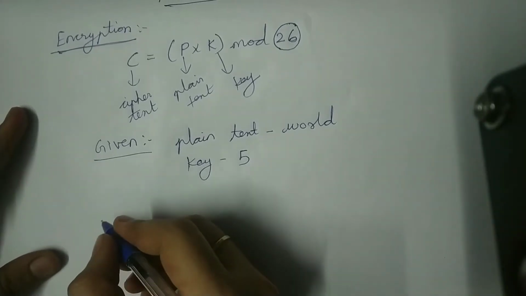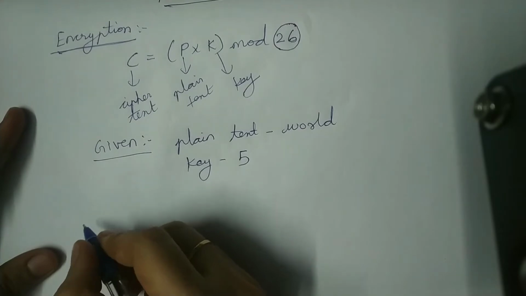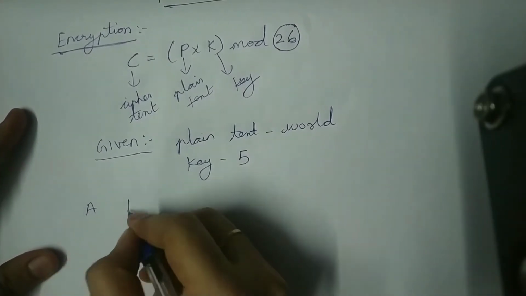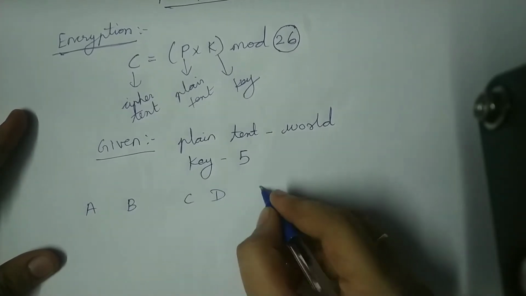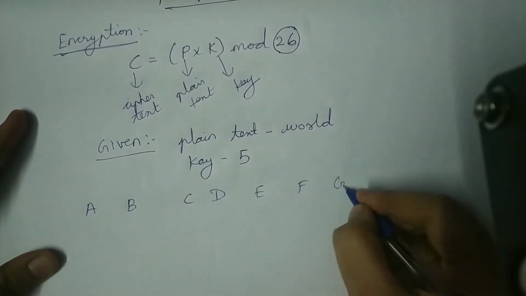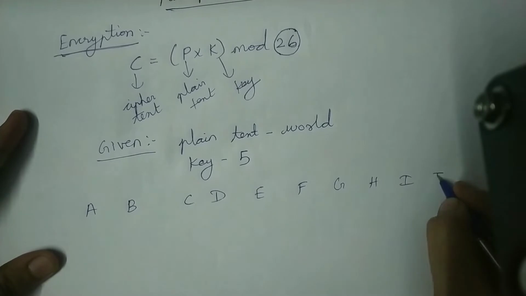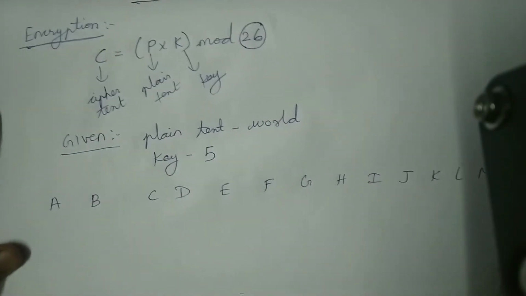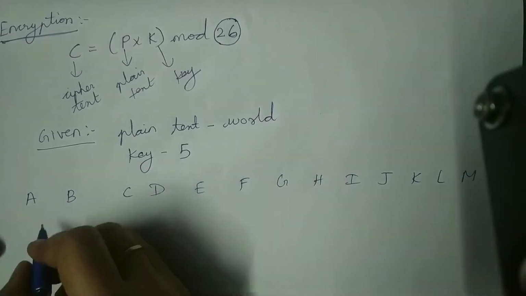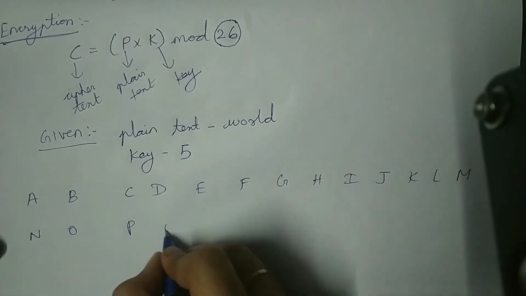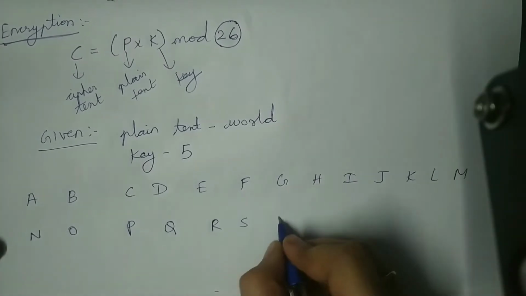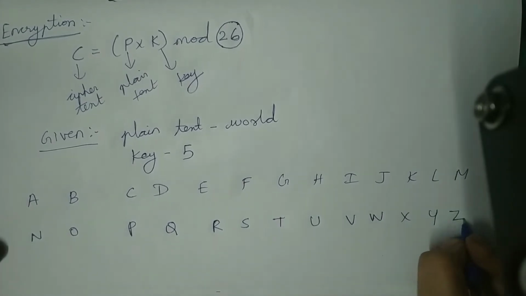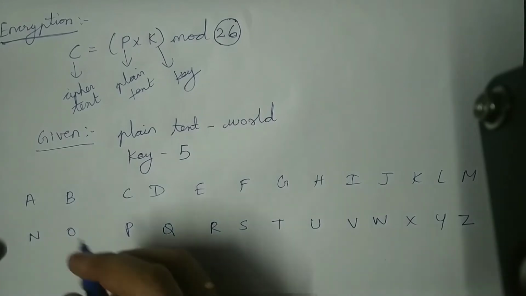So now let us write all the alphabets from A till Z and number them starting from 0. So A, B, C, D, E, F, G, H, I, J, K, L, M, N, O, P, Q, R, S, T, U, V, W, X, Y, Z. So now let us number them starting from 0.